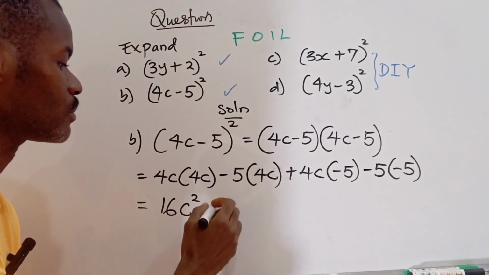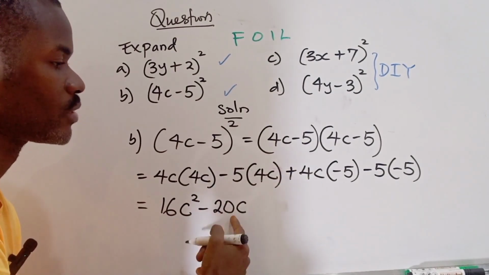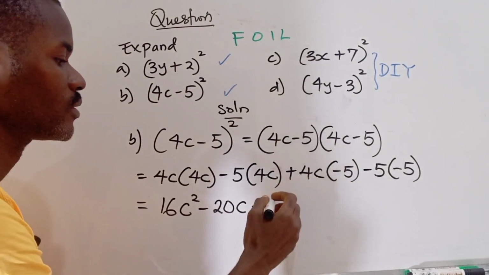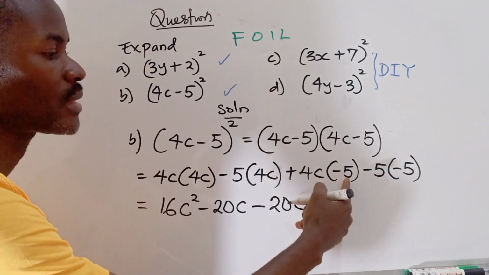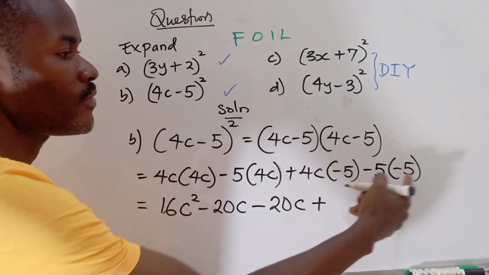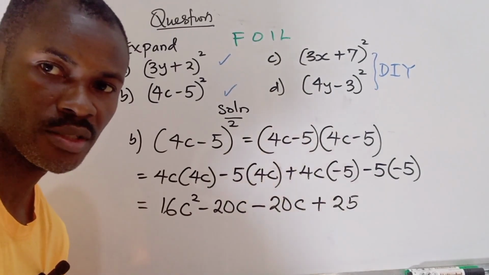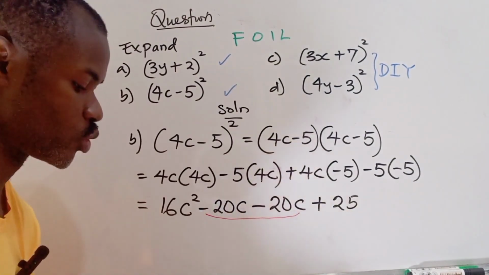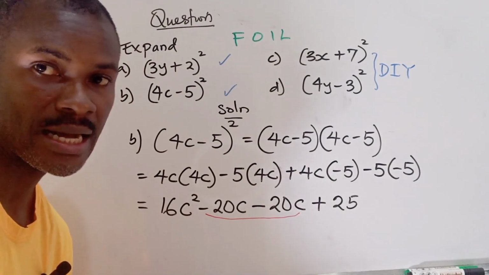Minus 5 times 4c is minus 20c; plus times minus is minus, and 4 times 5 is 20. Plus 4c times minus 5 is minus 20c. Now minus times minus is plus, and 5 times 5 is 25. From this point, we can see that the middle terms, minus 20c and minus 20c, are like terms, and we can work that out.